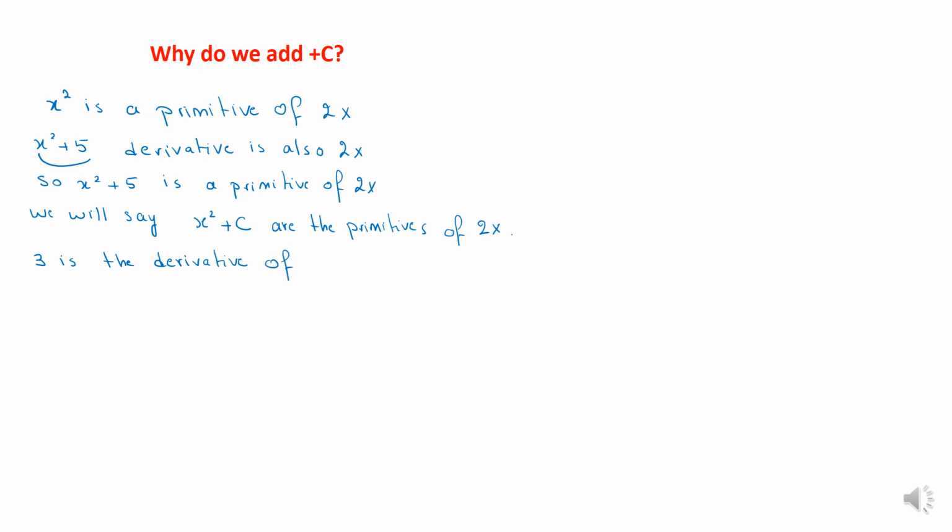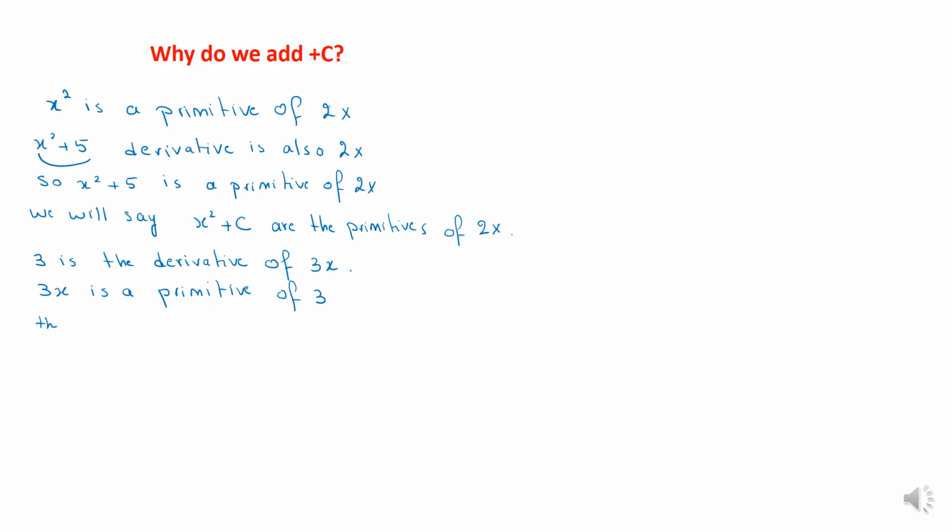Now another example, 3 is the derivative of 3x, so 3x is a primitive of 3.